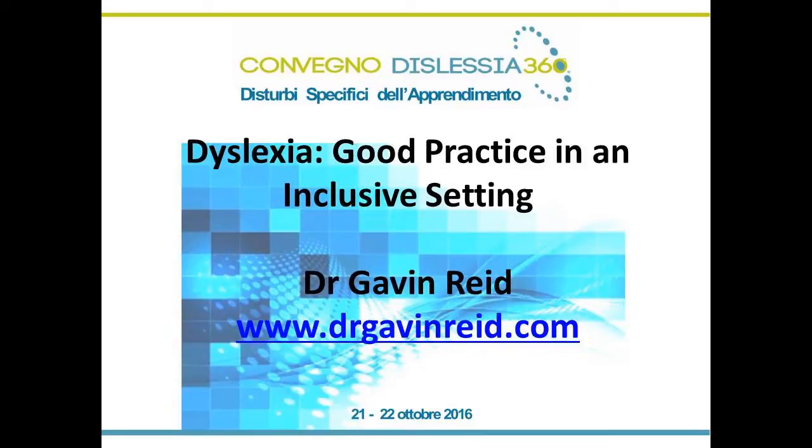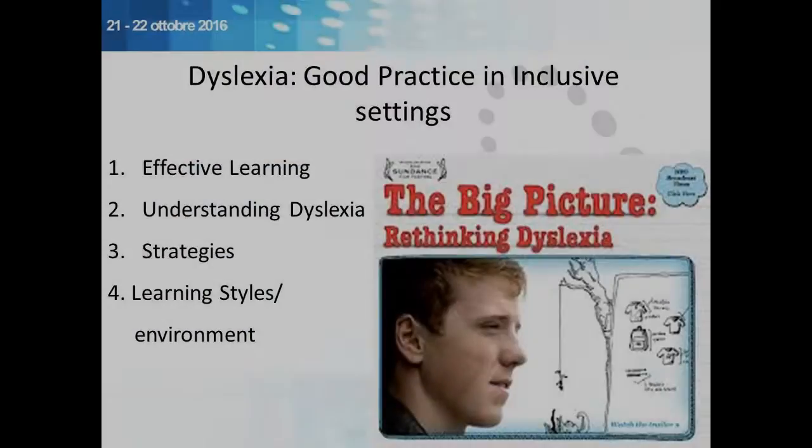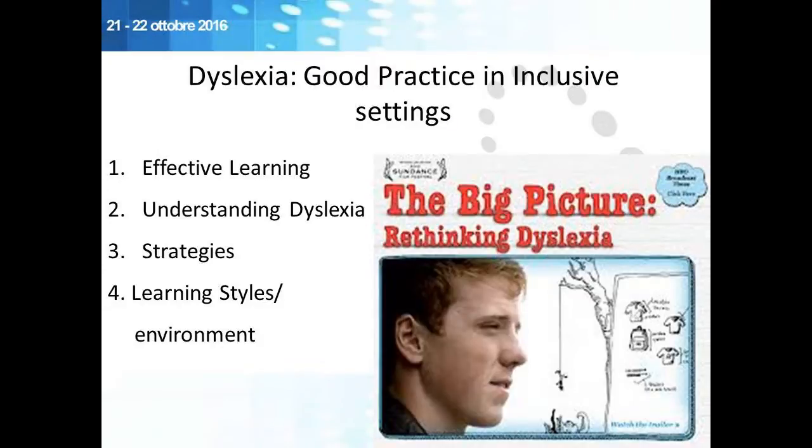So I'm going to just move to the second slide, which is the 4 key points which I think are important when we're trying to make accommodations and develop good teaching approaches for children with dyslexia. And these 4 points are, firstly, effective learning. All children with dyslexia, and adults as well, need to be able to learn effectively and efficiently.